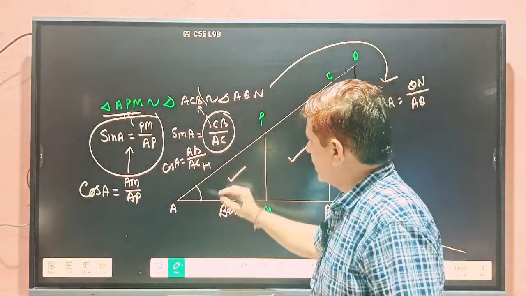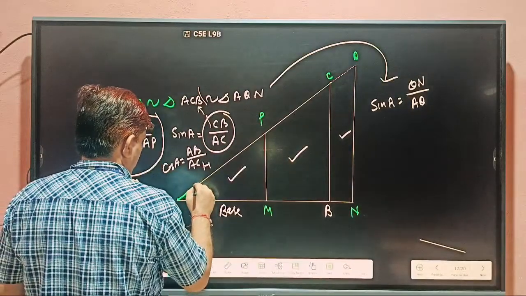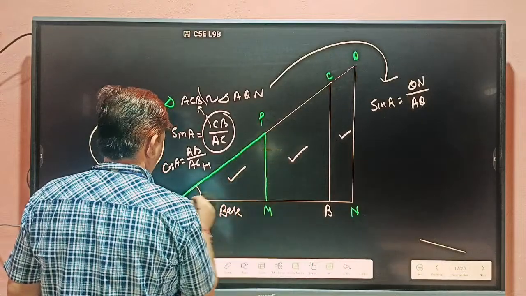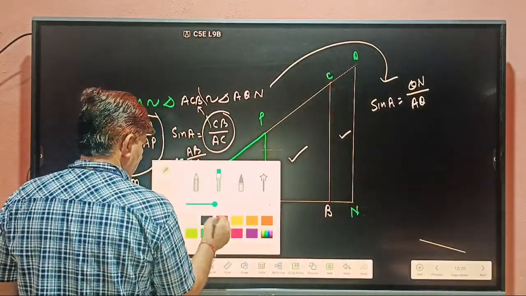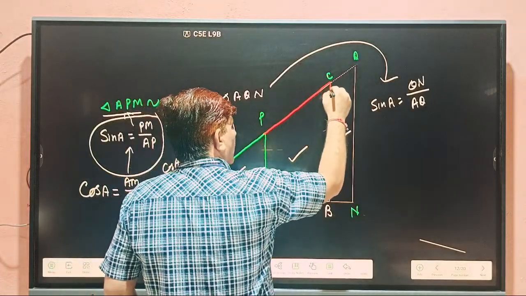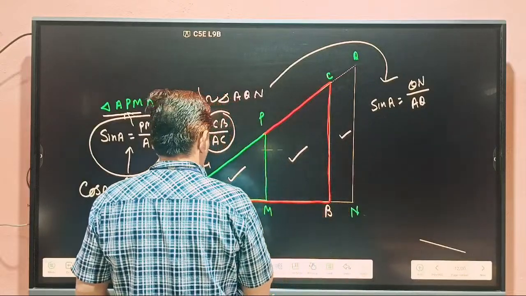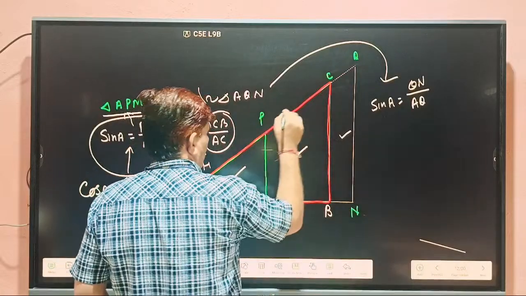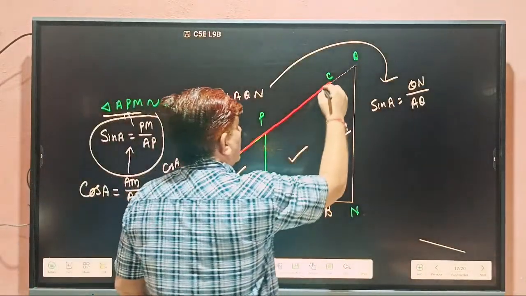One triangle is this, another triangle is this, extended till here, and the third one is this, extended till here.